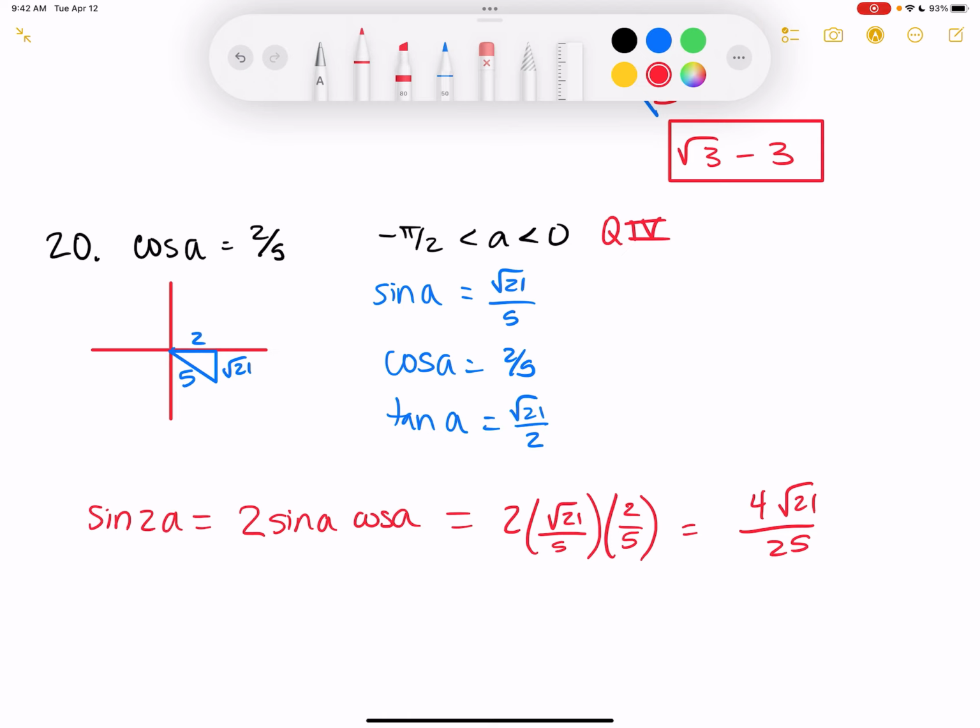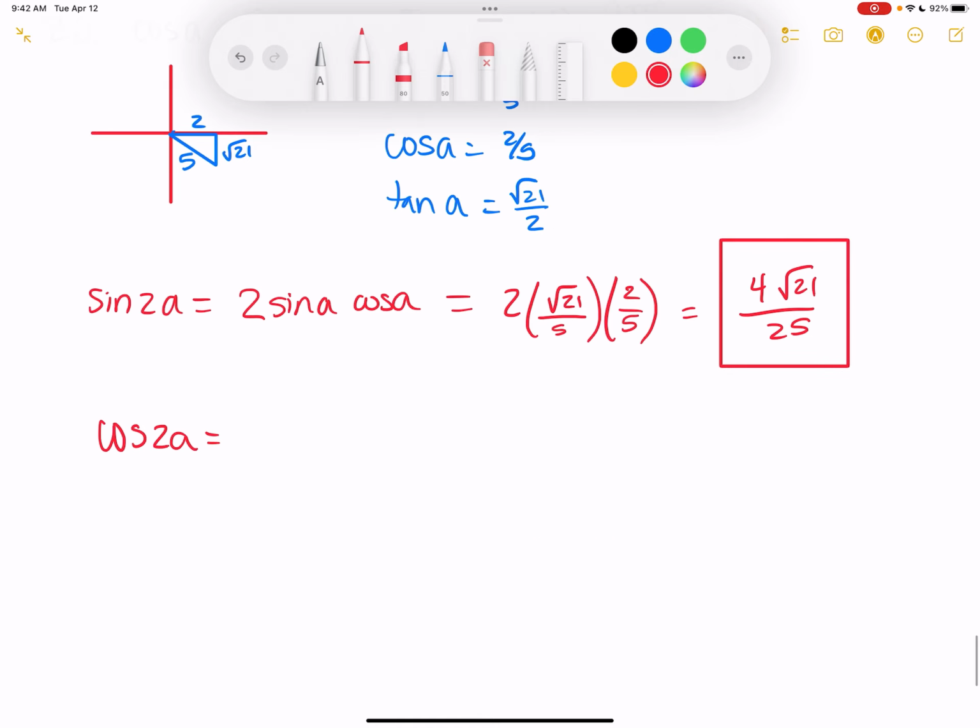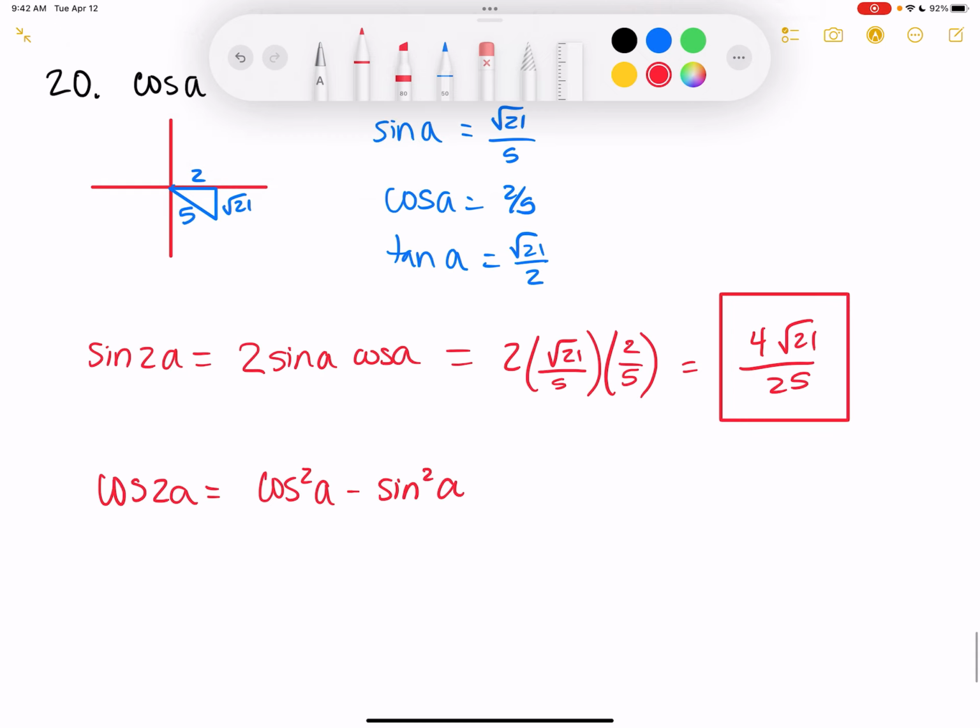For cosine, pick a different one this time than you did last time, just so we can use something different. And don't forget, you do have to have all those formulas memorized. Cosine squared of A minus sine squared of A. So 2/5 squared minus square root of 21 over 5 squared.